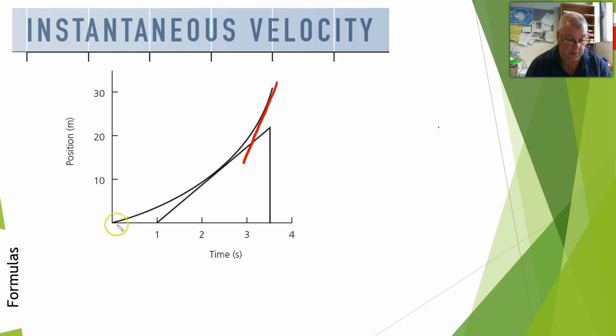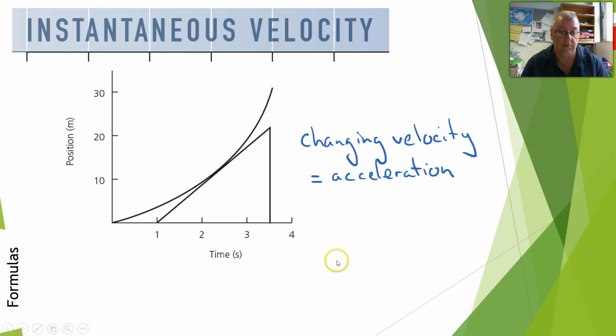And if we drew a tangent down here for this point, we notice that the slope is again reduced. So in this case the velocity is increasing because the slope of the tangent is increasing, and we can say it's accelerating. So changing velocity equals acceleration.